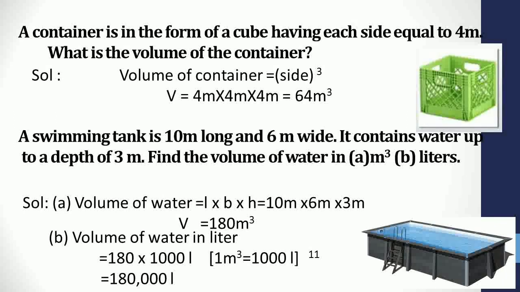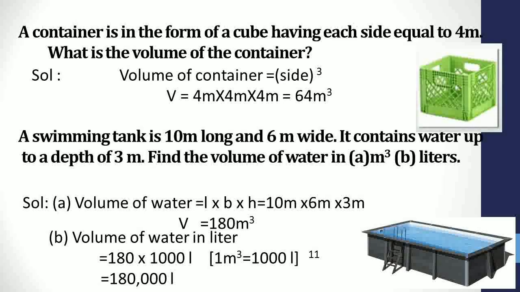Actually this liter is new for you. It is also a measurement unit used to find the volume of liquids, but we will see that in the next class. So the volume of water in liters: we will change this volume, that means 180 meter cube, into liter.